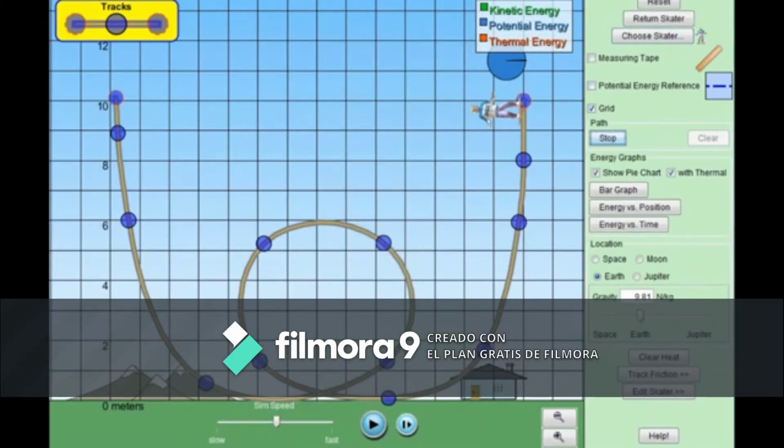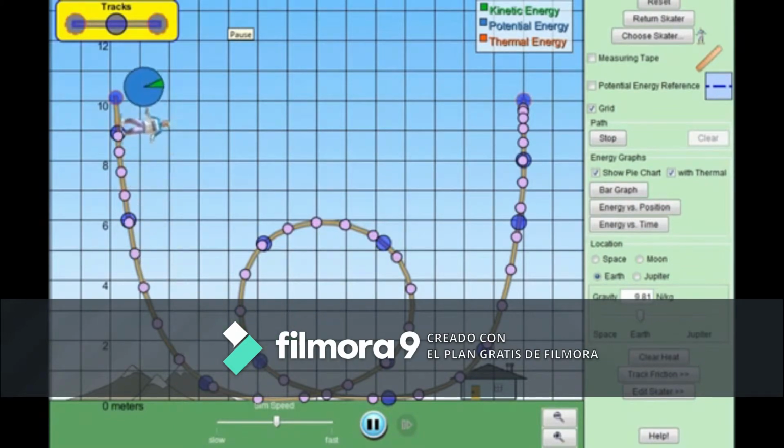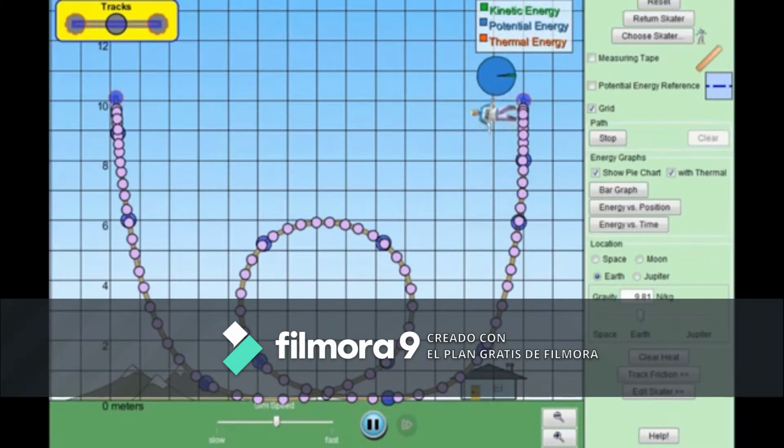So here the potential energy is the biggest when the skater is at the tallest point of the ramp, because the potential energy consists of the mass and the height. As we can see in the ramp, the highest point is 10, so that's why he gets the most potential energy there.